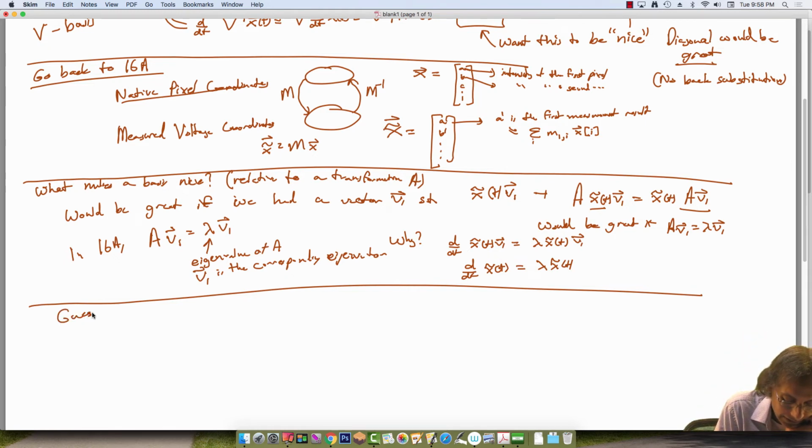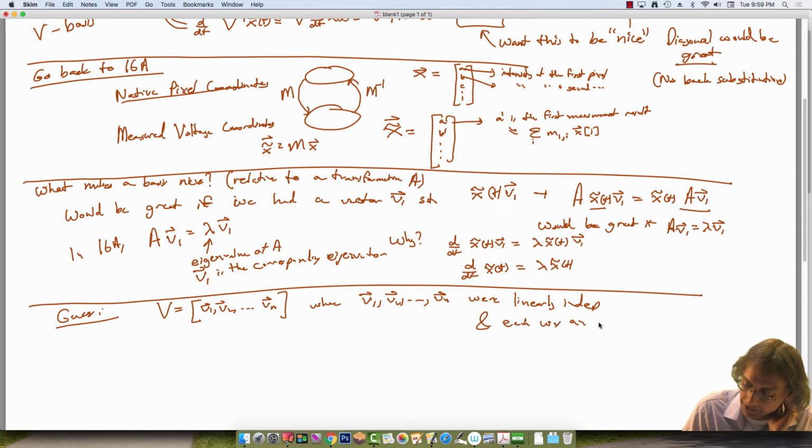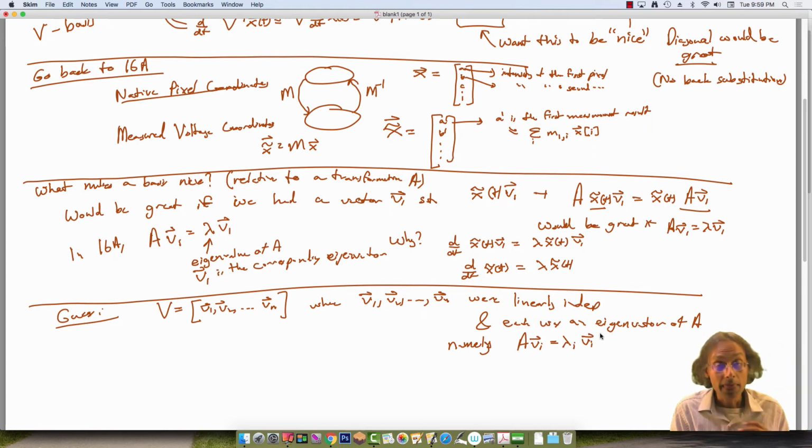It gives us a guess that if I had V equaling v1, v2, up to vn, where v1, v2, up to vn were, of course, linearly independent, because they need to form a basis, and each was an eigenvector of A, namely A vi equals lambda i vi, then we would be in good shape.